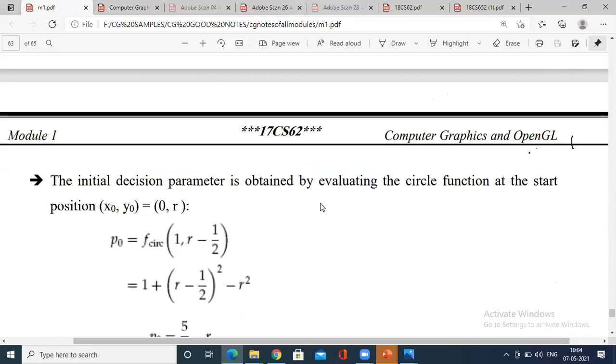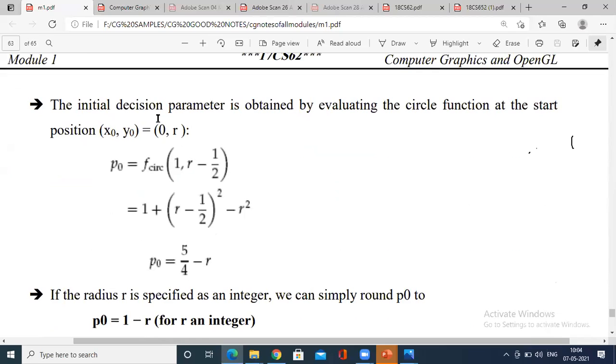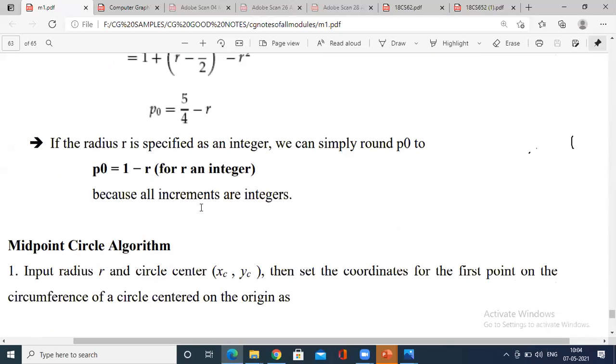Finally, you have to put the initial decision parameter for 0 comma r, x equal to 0, y equal to r, where we have p naught equal to the same thing. As applied previously, x has to be incremented by 1, r minus half, applying into the midpoint circle formula x square plus y square minus r square, to get p naught equals 5 by 4 minus r.